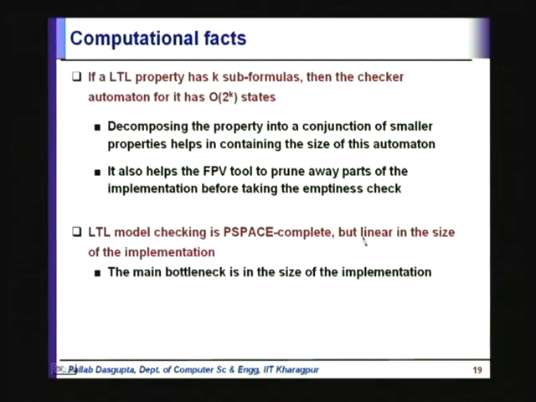So the exponential that you see in the LTL model checking algorithms is the exponential in the length of the formula, and the thing that really hurts us is not this exponential, but the size of the implementation. Though it is linear in the size of the implementation, that is the main bottleneck, because the size of the implementation is typically very large.